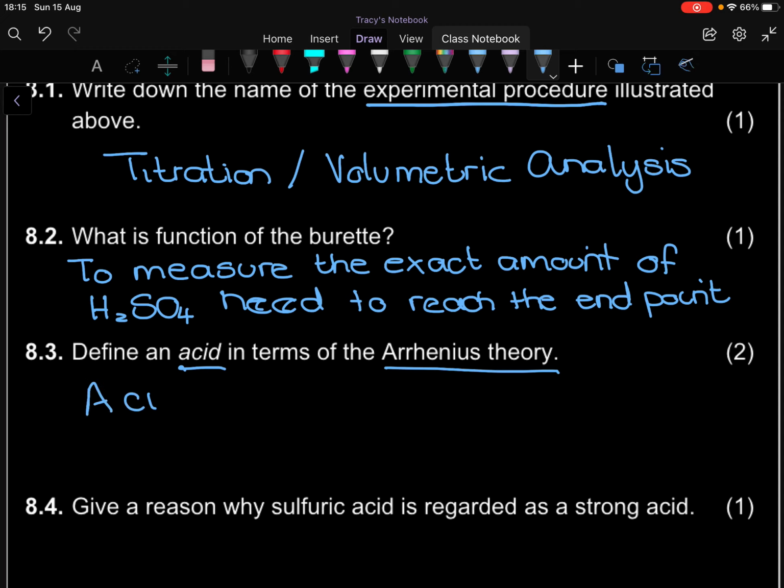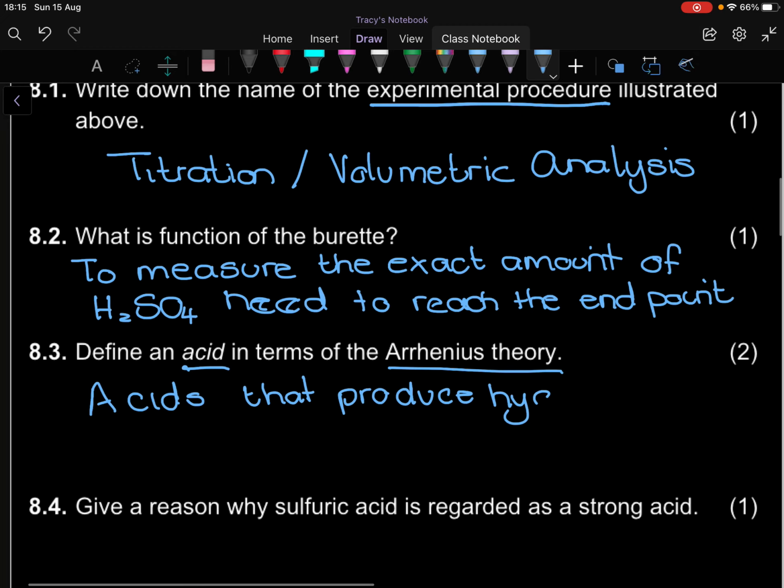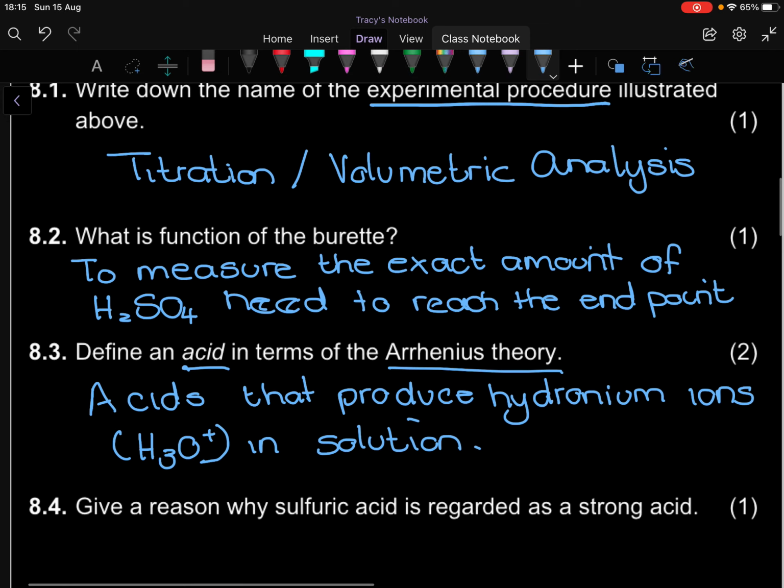In your Arrhenius model, acids are substances that produce hydronium ions, in other words, H3O+ ions in solution. Remember, there's also the Bronsted-Lowry definition, and that definition says acids are proton donors. Make sure you read which definition they want.